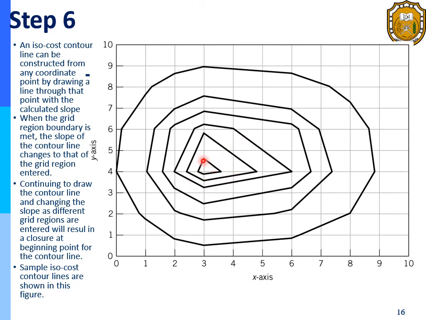Look, this shape inside here has the same cost value everywhere on the line. So if you locate your facility here, it will have exactly the same cost as a facility that you locate here or here or here or here. Anywhere on this loop or on this contour line has exactly the same cost.